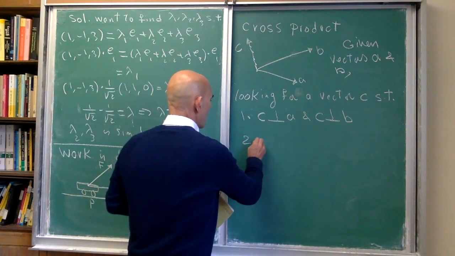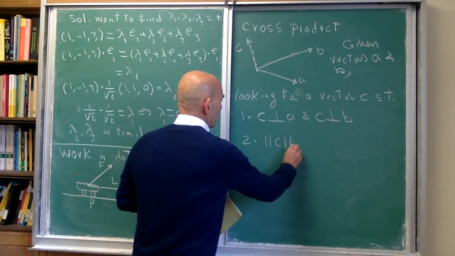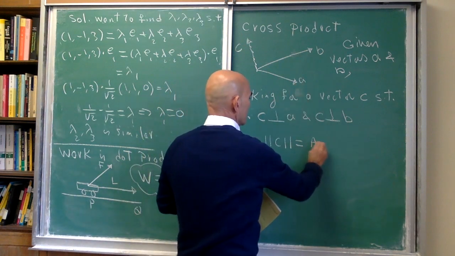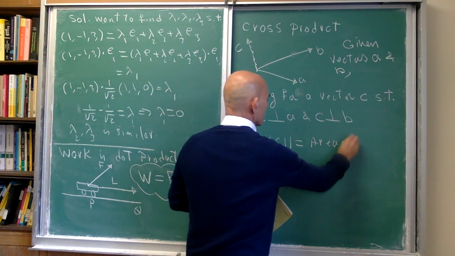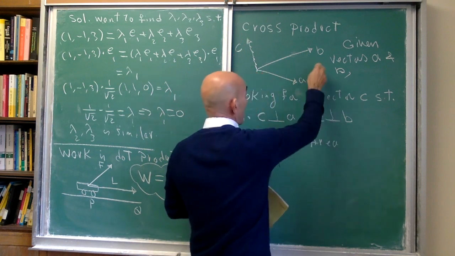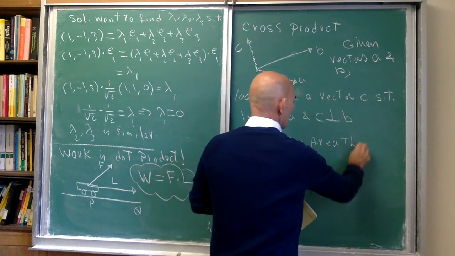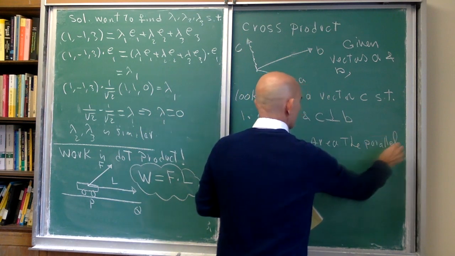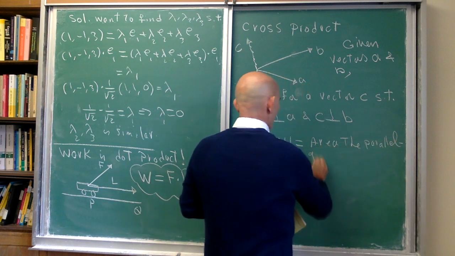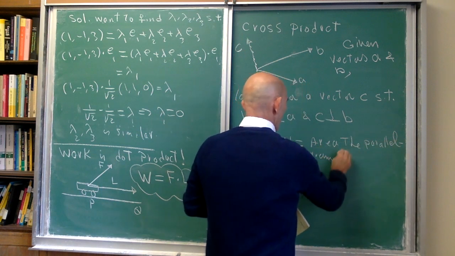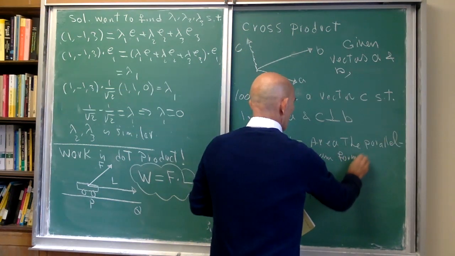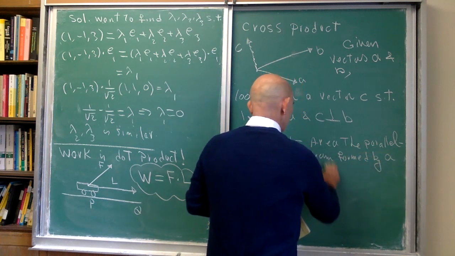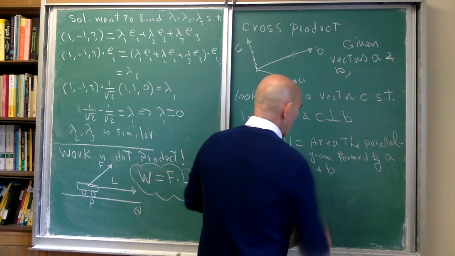Second, the magnitude of C, now I'm saying, is equal to the area of the parallelogram formed by A and B, which we know what the area is.